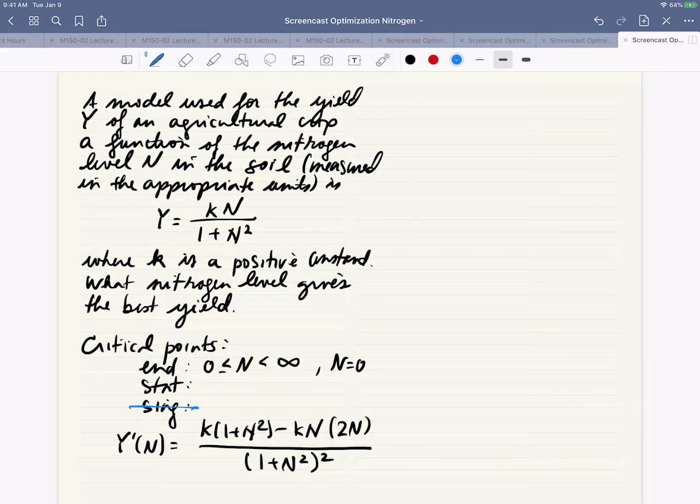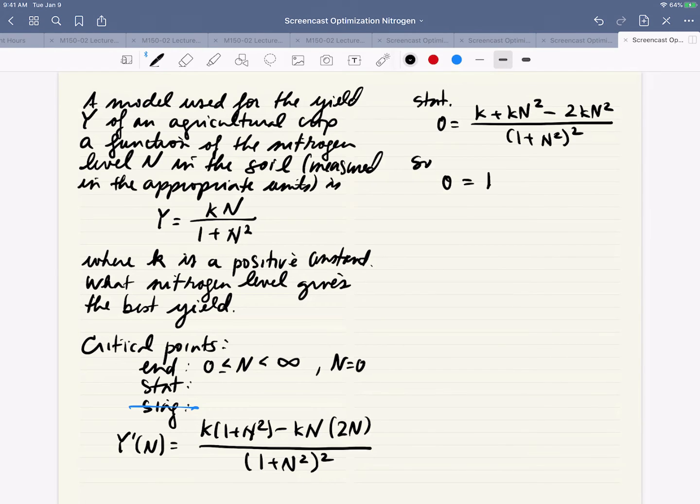We'll just proceed to look for stationary points. So stationary points are where the derivative equals 0. So let's just write 0 equals what we got for the derivative, and I'm going to multiply through here. See if that gets me anything. And I can multiply through by the denominator, multiply both sides by the denominator.